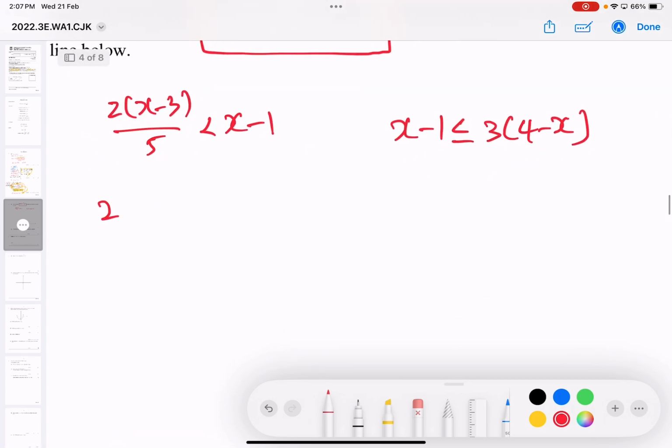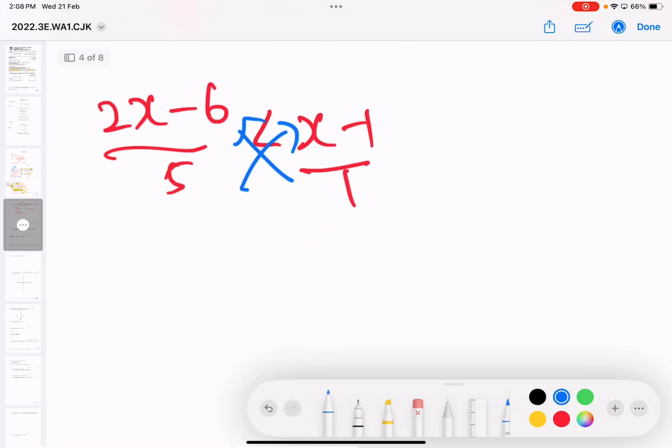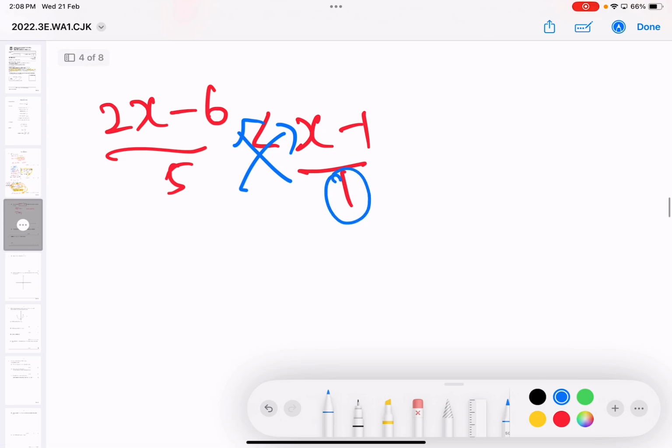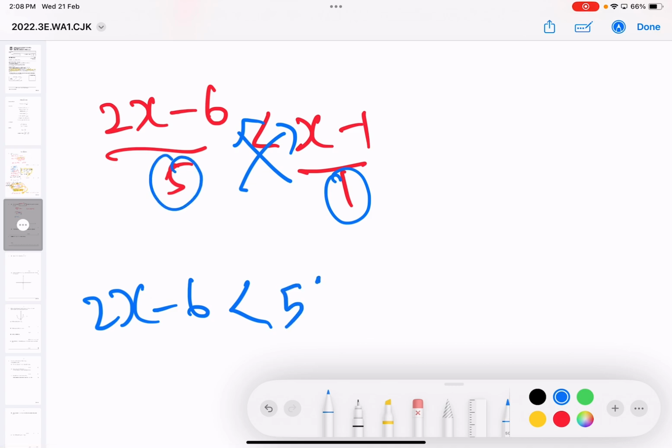I do it very fast. (2x minus 6) over 5 is less than x minus 1. I write this as 2 fractions. I can cross multiply as well, but when you cross multiply, you follow the arrows. 1 times (2x minus 6), inequality sign stays the same, is less than 5 times (x minus 1).